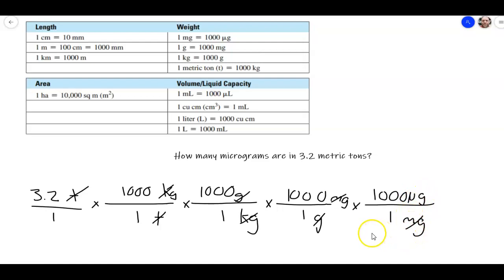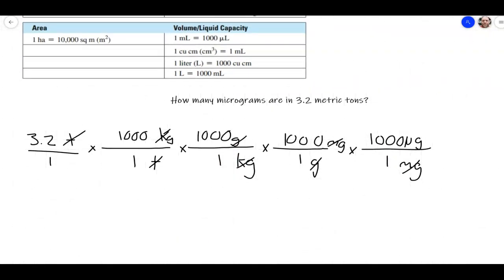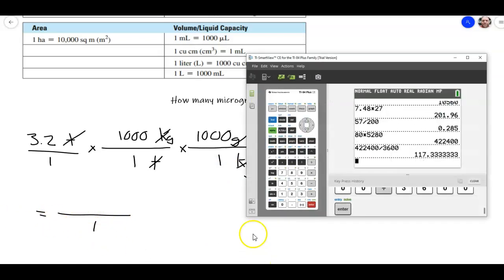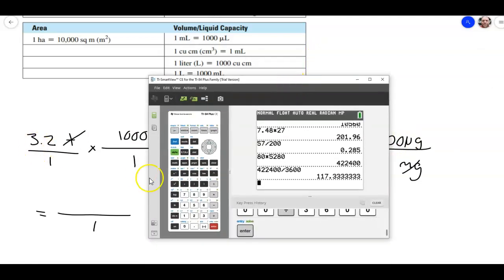All right. Whew. So let me give myself a little bit more space here. So on the bottom here, I'll do the bottom first because it's much easier. It's just 1 times 1 times 1 times 1 times 1. So I just get 1. And on the top, I'm going to have 1,000 times 1,000 times 1,000 times 1,000 times 3.2.